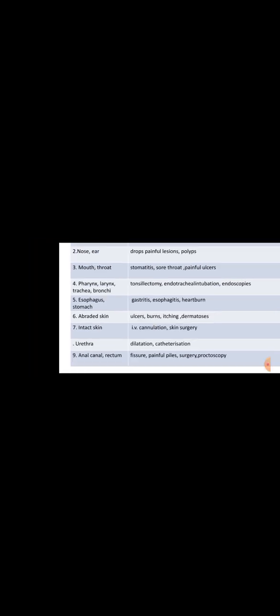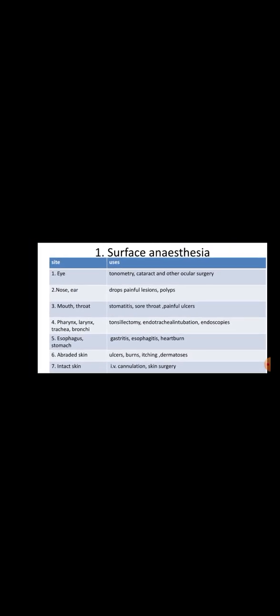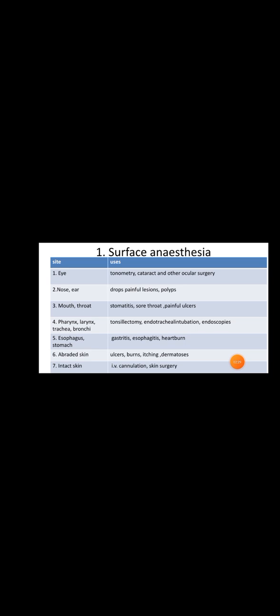So, what are the uses of surface anesthesia? In the eye, as we discussed, tonometry to check the intraocular pressure, cataract surgeries, and other ocular surgeries. Drops for the nostril and ear drops for painful lesions and polyps.